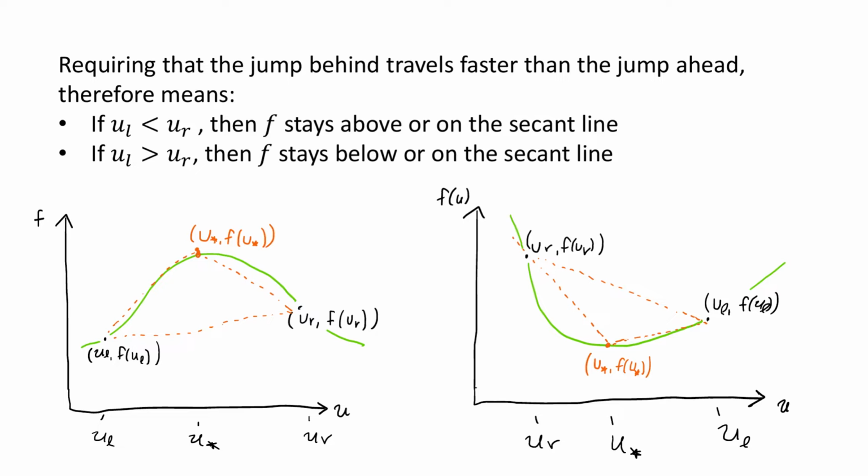In both cases, we draw a second line that cuts the graph of the flux function f at the points (u_L, f(u_L)) and (u_R, f(u_R)).